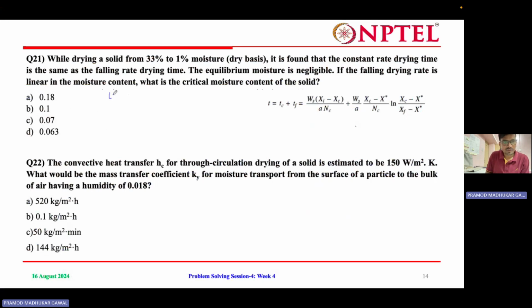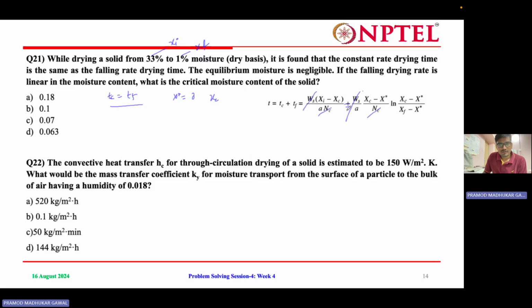So tc is equal to tf. Here Xi is given, and Xf is given. Negligible equilibrium moisture means X star is equal to 0. In this question you have to calculate the critical moisture. So a formula is given. Since tc is equal to tf, you just have to separate the terms. These terms get cancelled, the equal sign terms also cancel.